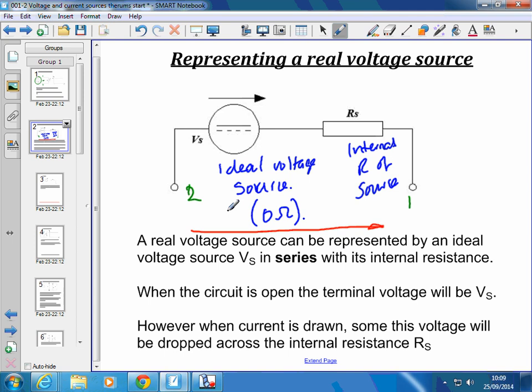So what's the volt drop across RS? What's the current flowing in that circuit at this moment in time with no load connected? No current. We've got an open circuit. Current cannot flow around an open circuit. So, if there's no current flowing here, 0 amps, what's the volt drop across RS?